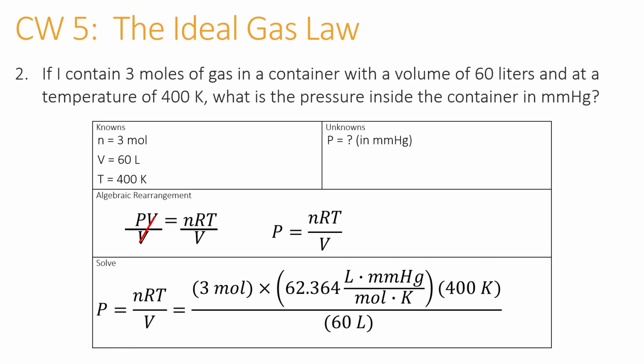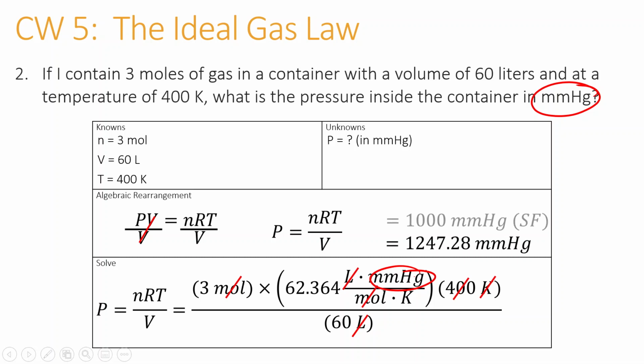Notice that since we want the pressure in millimeters of mercury, I had to choose the R value that has millimeters of mercury. So liters will cancel liters, moles cancels moles, Kelvin cancels Kelvin, and our answer ends up being this value here. Rounding this to 1 sig fig, because 360 and 400 are all 1 sig fig, we get 1,000 millimeters of mercury.